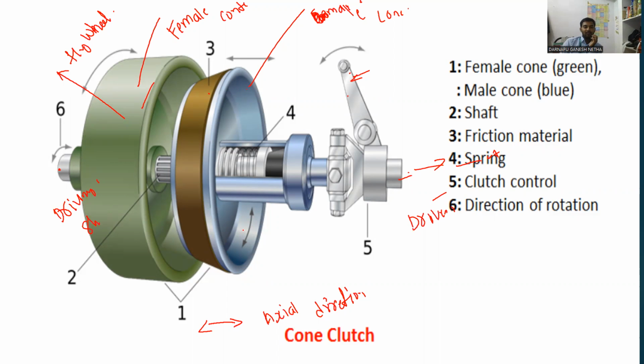Whenever the pedal action is applied, due to the spring action, the male cone will engage with the female cone. Whenever the force on the pedal is removed, automatically due to the action of the spring, the disengagement will happen.